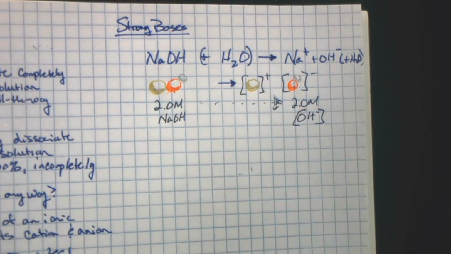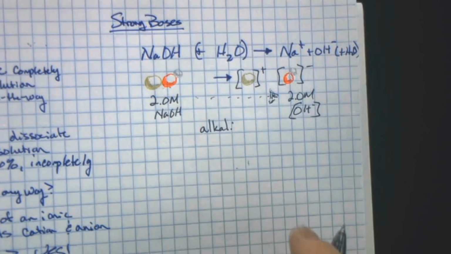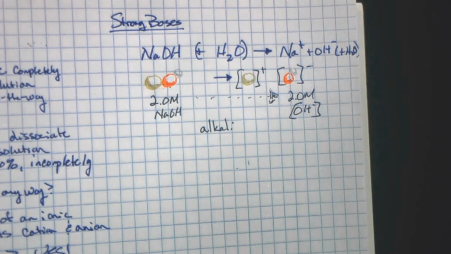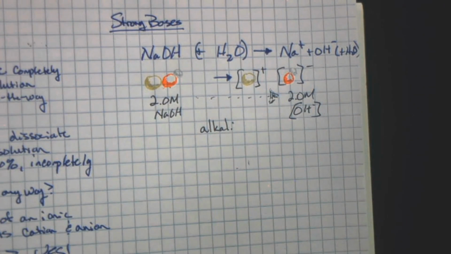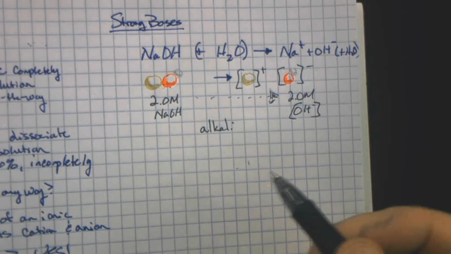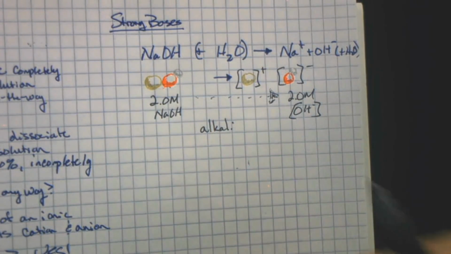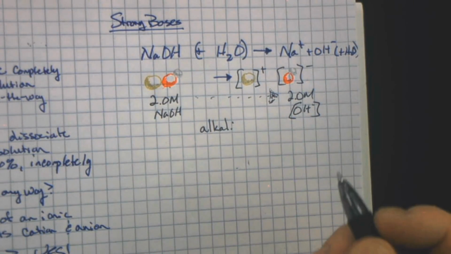However, an interesting thing here. When we are describing something as having the properties of a base, we call it alkali. You may have heard of this word before. Alkali metals, our far right column over there, are called alkali metals because when they are put in water, they make bases.